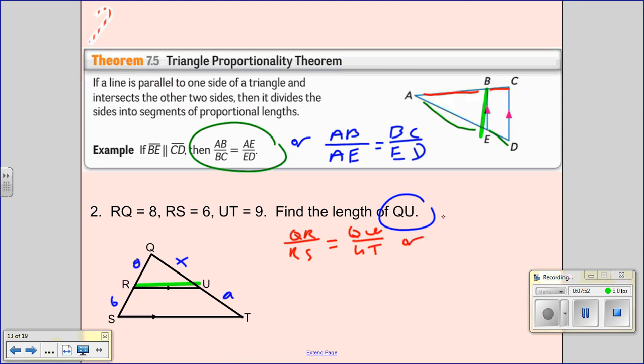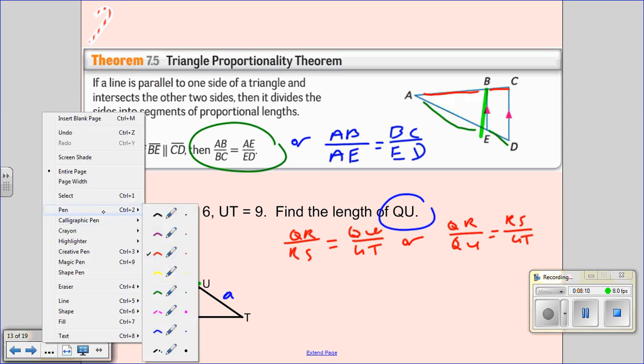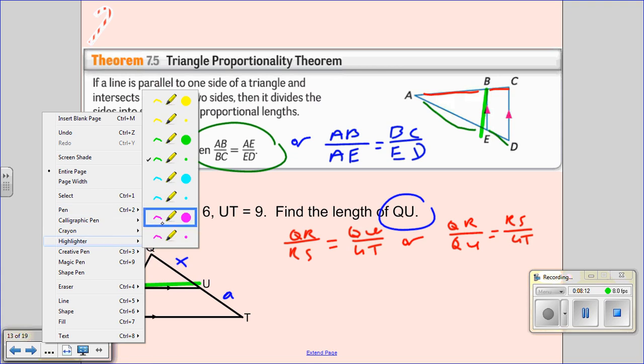Or I could say QR is to QU as RS is to UT. So those are your two options in this scenario, and it doesn't matter which one you decide.